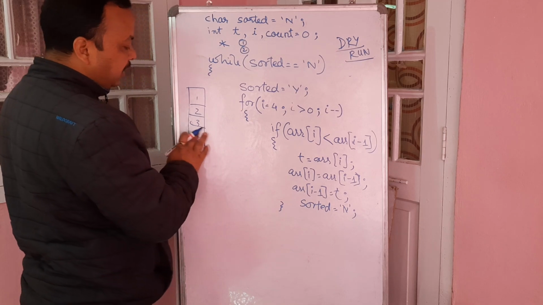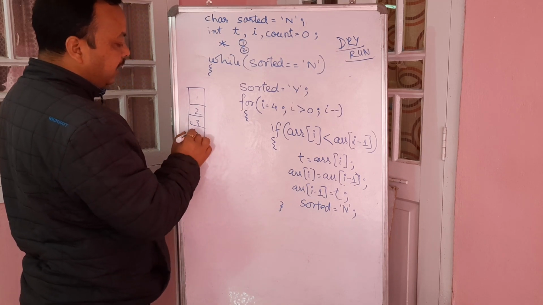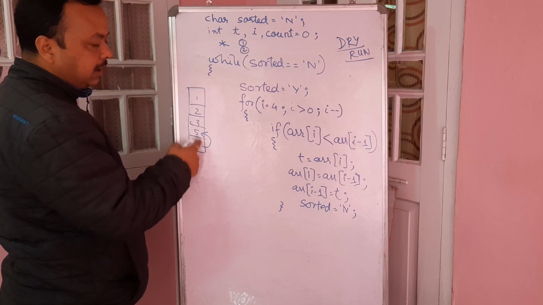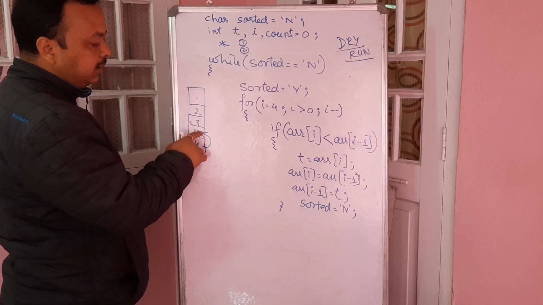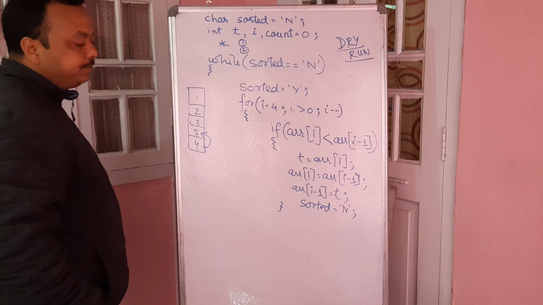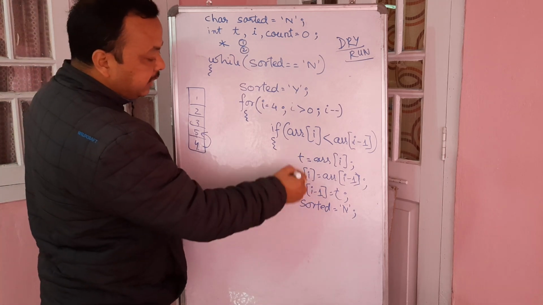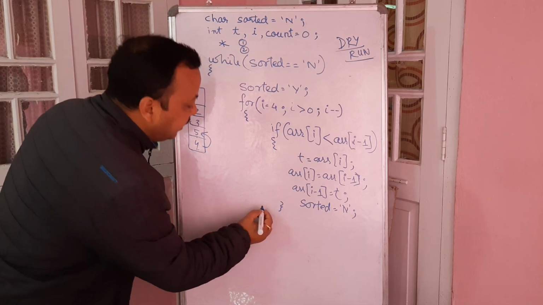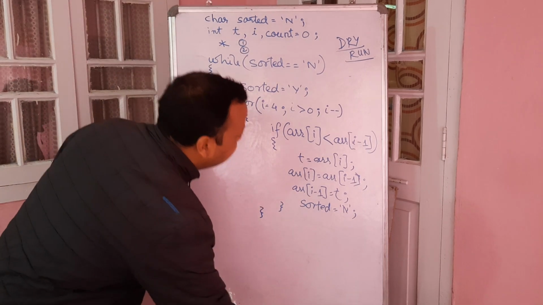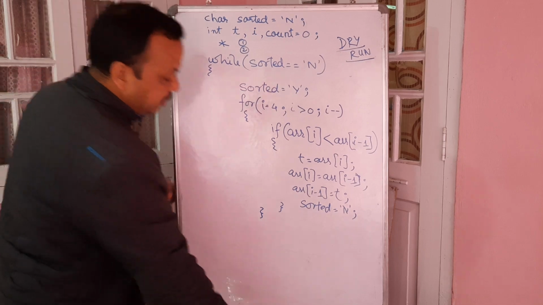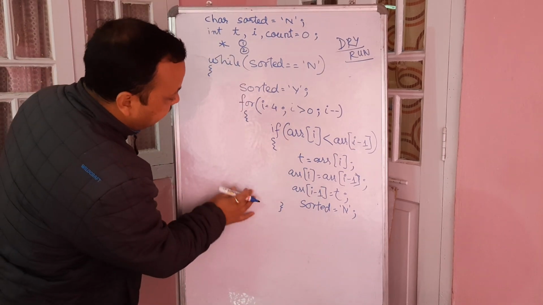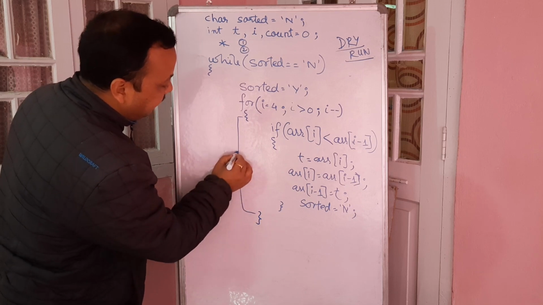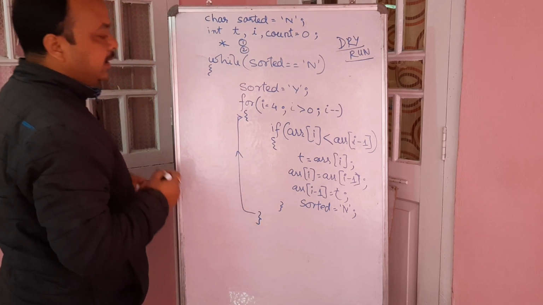But if it is not sorted, for example, if the values are like 5 and 4, then this statement is true, the condition here, when I am checking the last with the second last. So I will do the interchange, but I have to declare that the array is not sorted. Then, as soon as I come out, what is this loop doing?